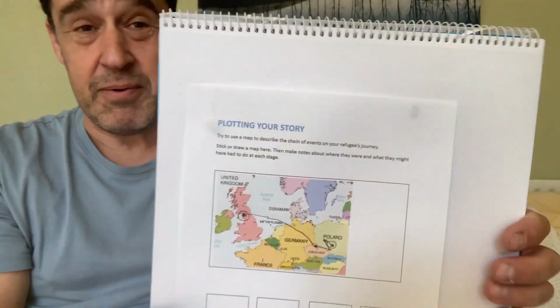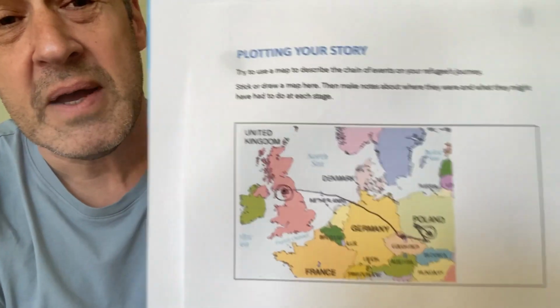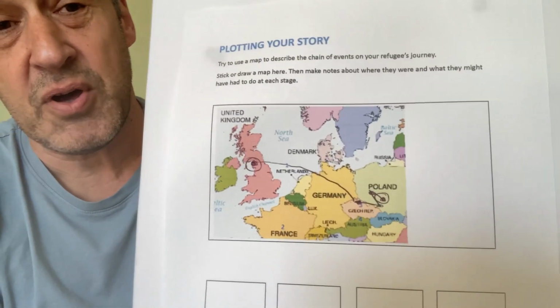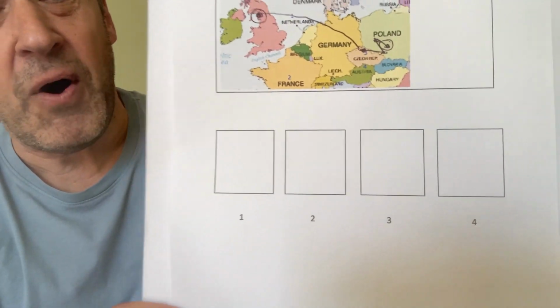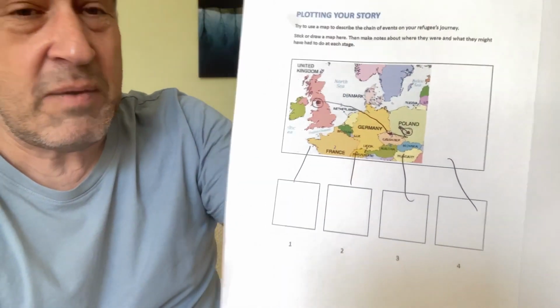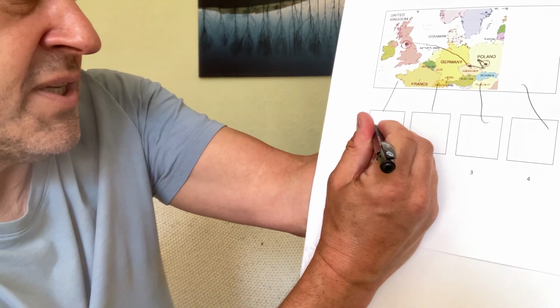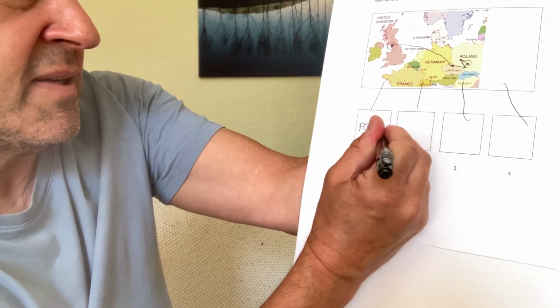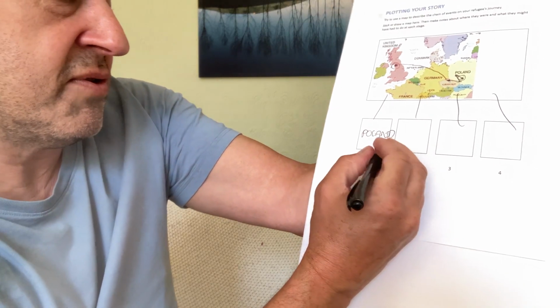Having a map really helps me. For you, I've put a space where you can put your map in, and then four little boxes, to record where he was. It's a plot, but it's telling you what happened and where he went next. We'll just put Poland instead of Lodz, because that makes more sense to most of us.